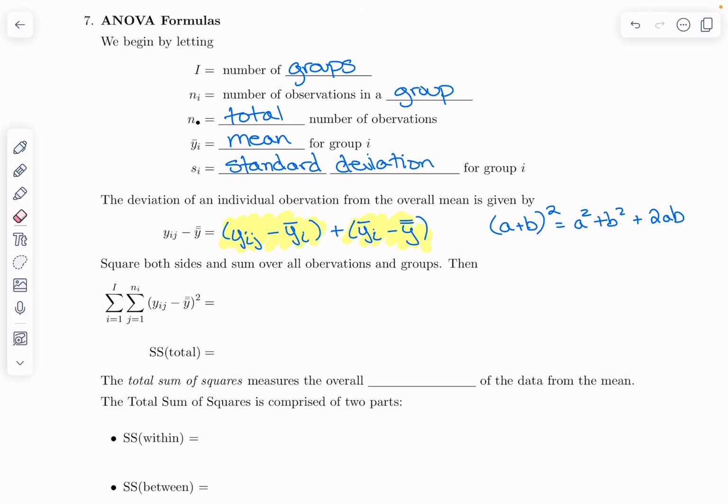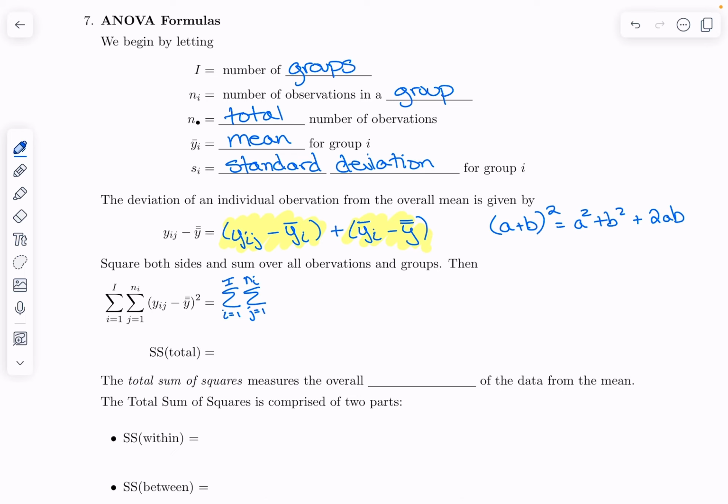Okay, so what I'm going to do is I'm going to square the right-hand side and then sum over all observations in all groups. Okay, so I'm going to have to write down a sum from I equals 1 to capital I, which is the sum over all groups, and then a sum from j equals 1 to n sub I, that's the sum over all observations.